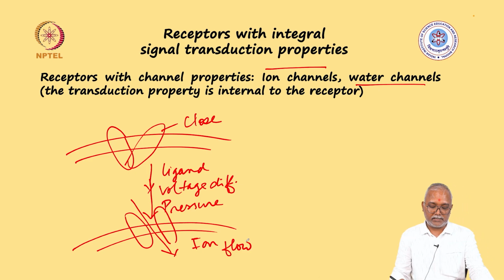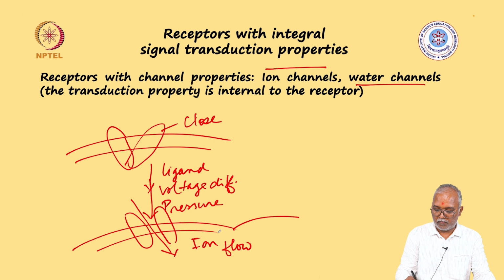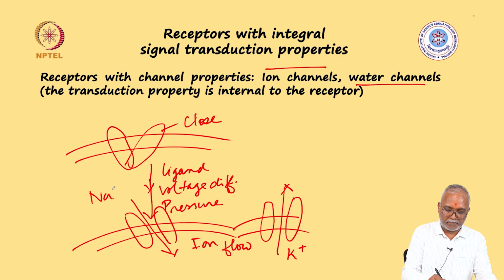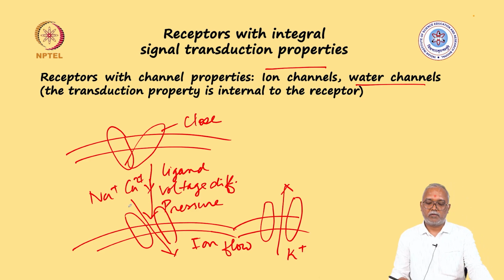In some cases the channel was opening and allowing ion flow inward, in some cases channels were opening and allowing outflow. Largely it was potassium which was outflowing, and sodium and calcium were moving inside.